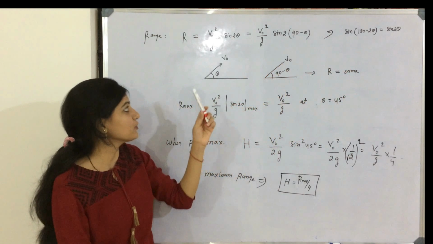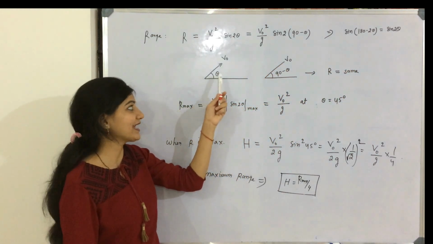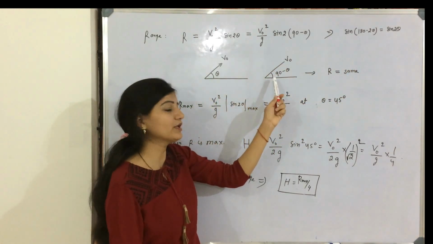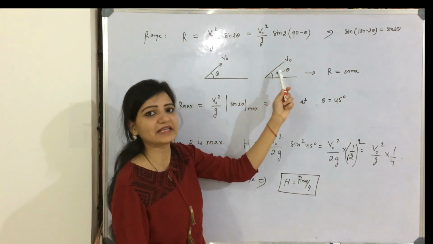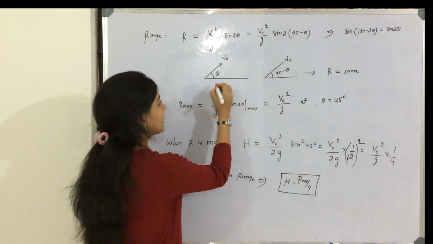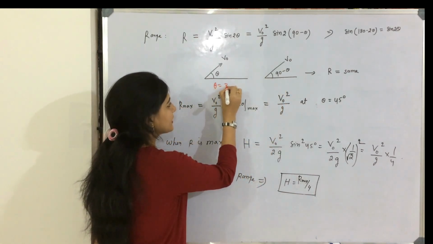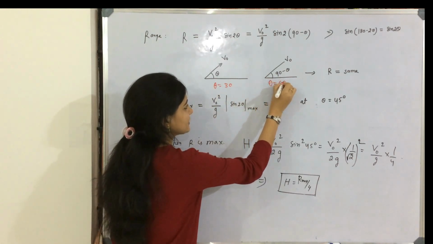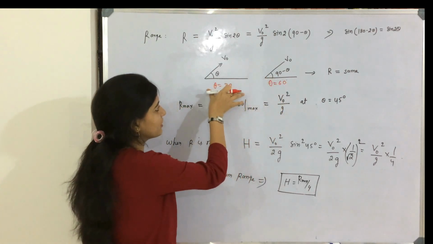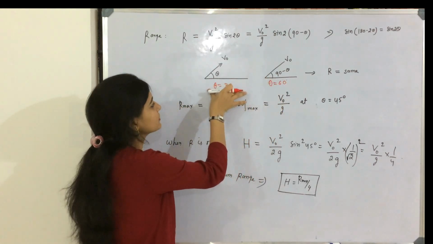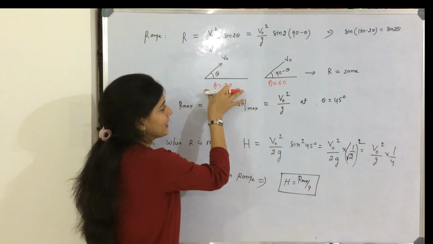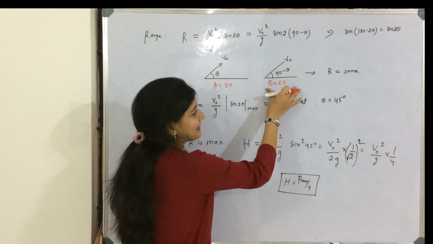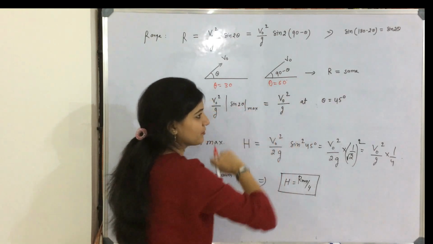So if we throw an object at angle theta, the range will be equivalent when it is thrown at angle 90 minus theta. Suppose theta equals 30 degrees, so 90 minus theta is 60 degrees. The range covered by the object at theta equal to 30 is equal to the range covered at theta equal to 60. The range will be the same.